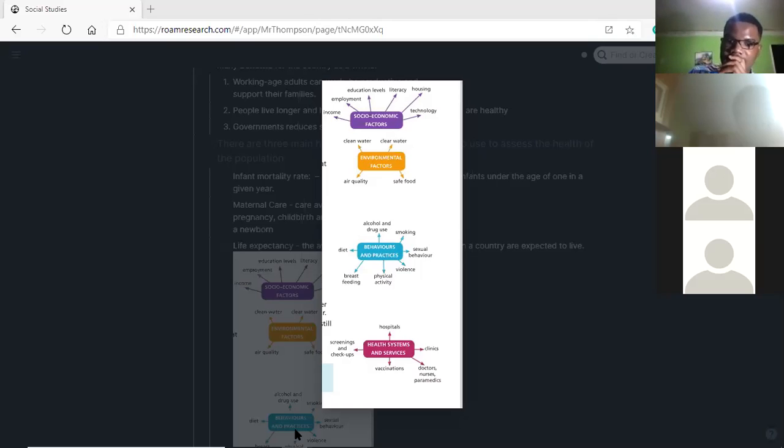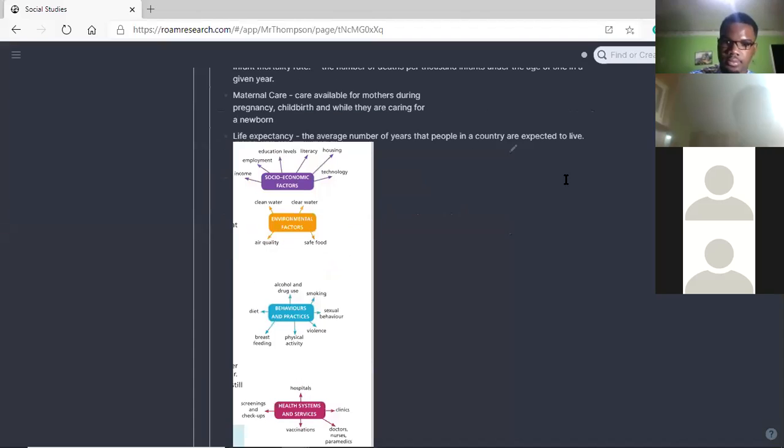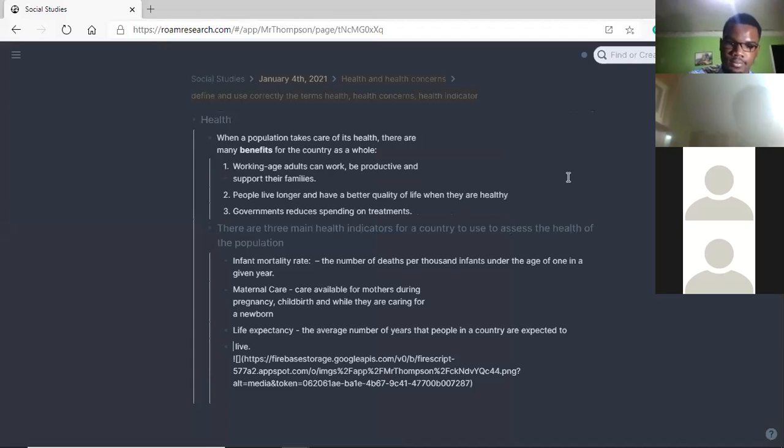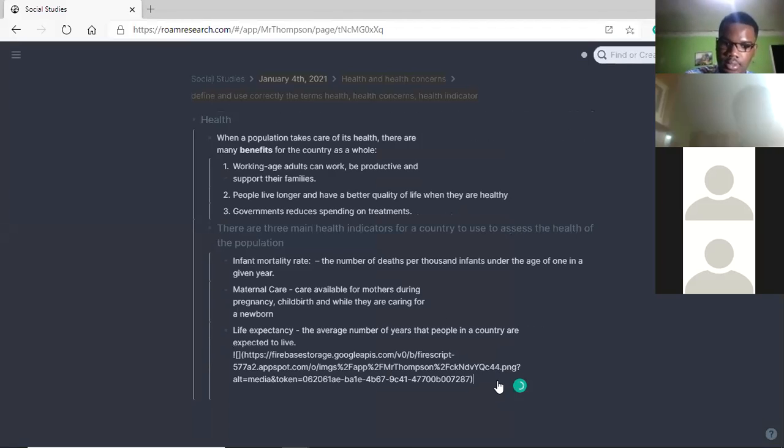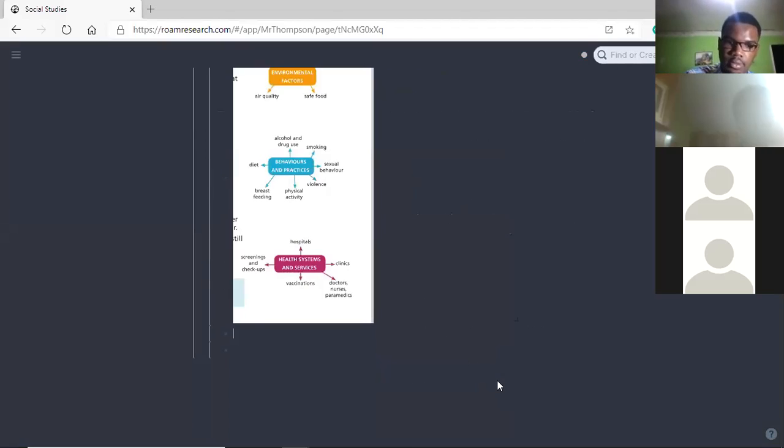So, with all of that said, give 3 reasons why it's important for your country that we take care of our health. Think about this diagram.